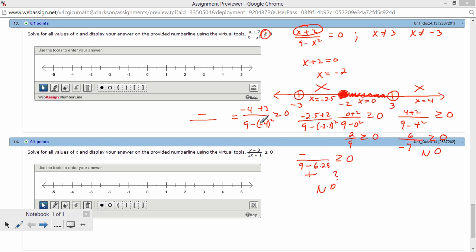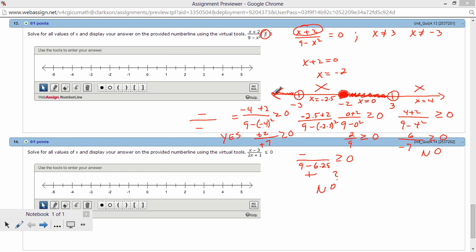And on the bottom, when you square the negative 4, you're going to get 16. And 9 minus 16 is also going to be a negative number. So you do have to do the arithmetic. And if you're more comfortable doing the arithmetic and getting the actual values, it would be negative 2 over negative 7. And is that greater than or equal to 0? Well, a negative divided by a negative is a positive. So that interval's a yes. And those numbers will work, right?